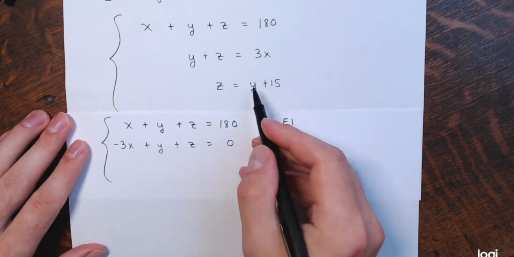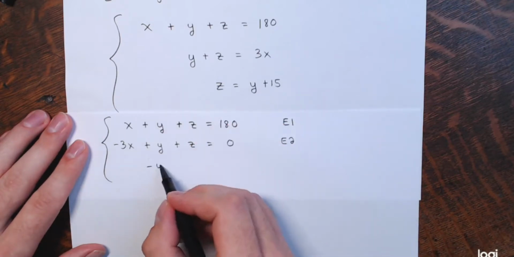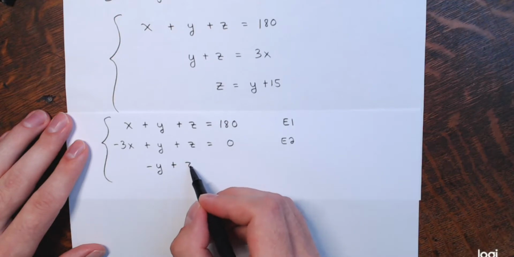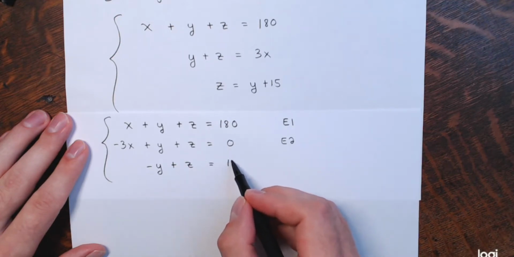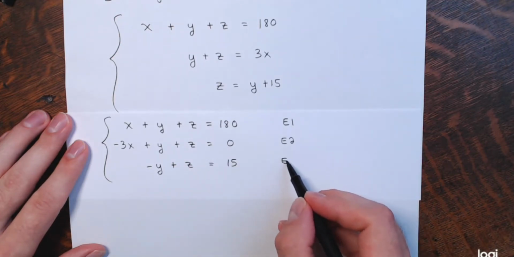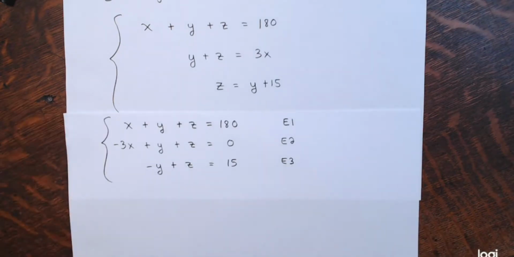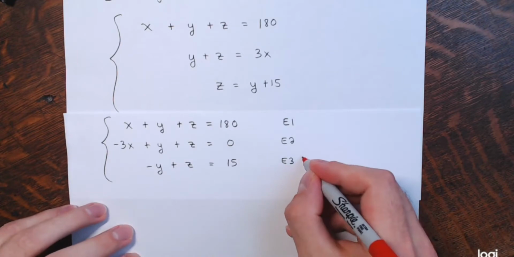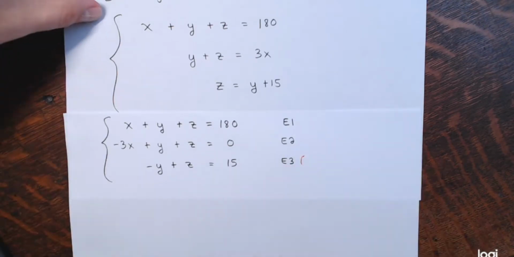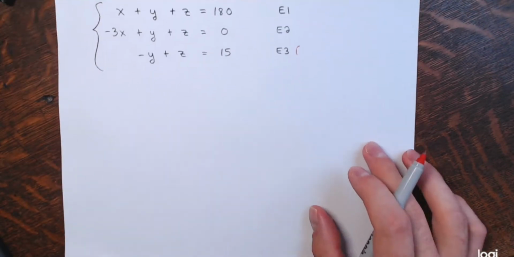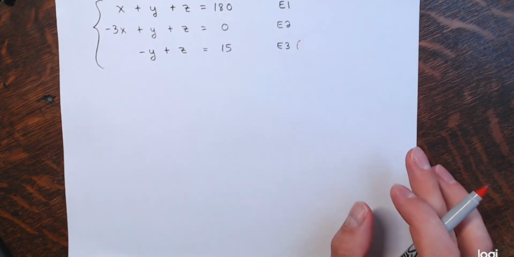And then just subtract y here. We'd have negative y plus z equals 15. And there's equation 3. All right, and then just like the last example, see how equation 3 has only 2 variables? So I'm going to keep that, right? I'm going to keep equation 3 with y and z.